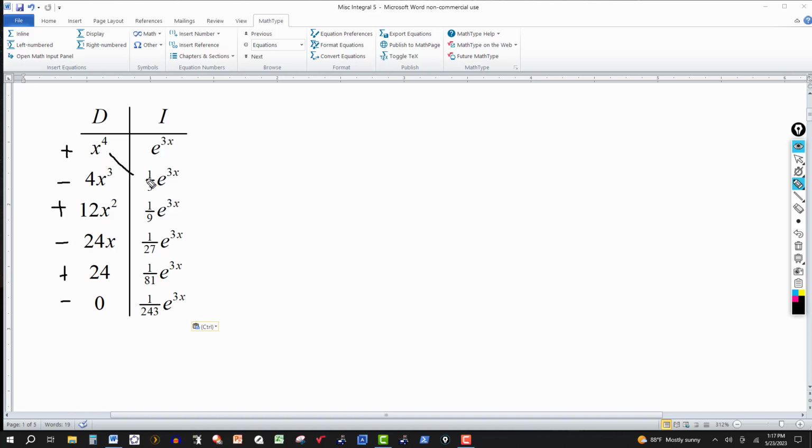X to the fourth times 1/3 e to the 3x, and then take the sign with you, minus 4x to the third times the 1/9 e to the 3x, and then plus 12x squared times that, and then minus 24x times that term, and then plus 24 times 1 over 243 e to the 3x. You can reduce those. And then you stop here, because from then on it's just going to be a 0.